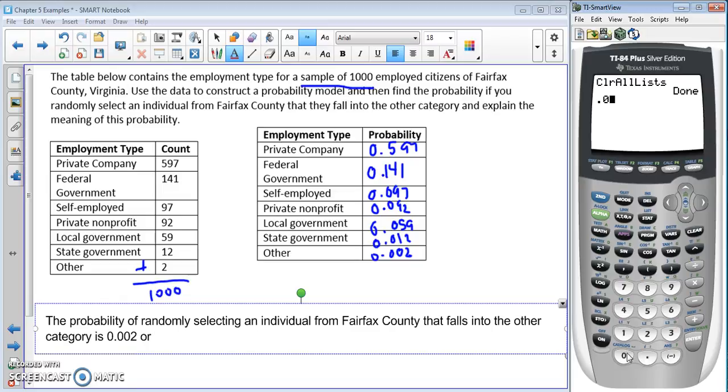To convert a decimal to a percent, you can multiply it by 100, right? Or 0.2%.